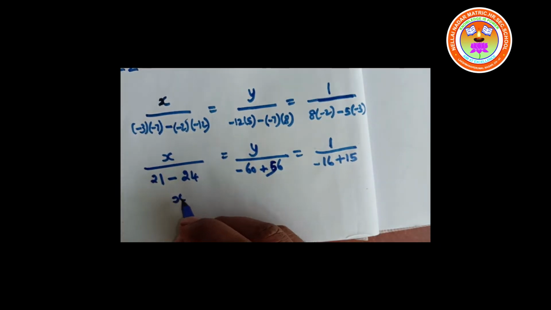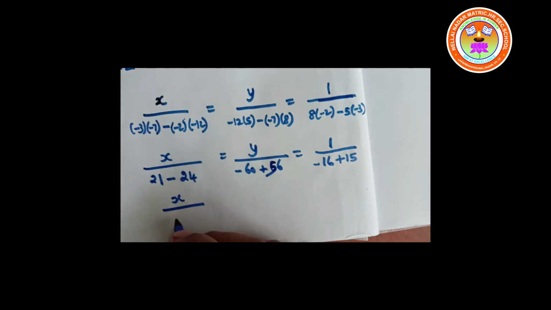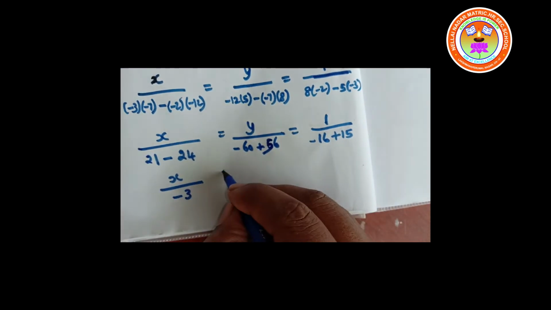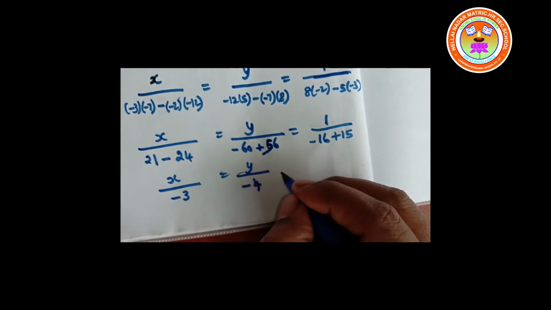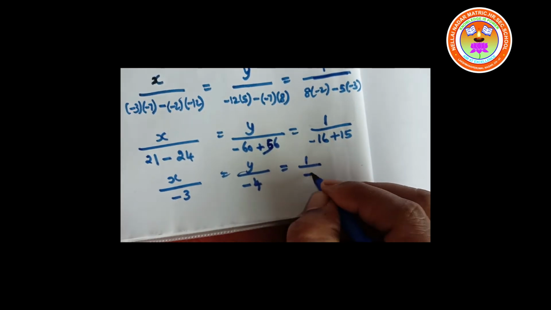So x divided by 21 minus 24 is minus 3, equal to y by minus 16 plus 56, which is minus 4, equal to 1 by minus 1.